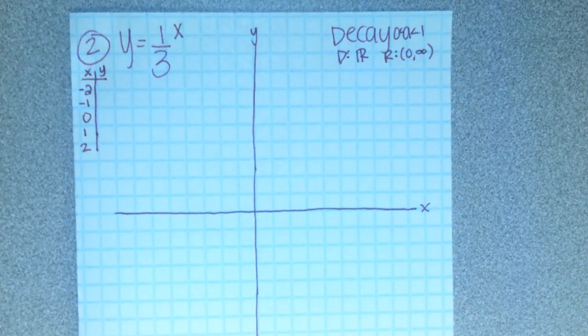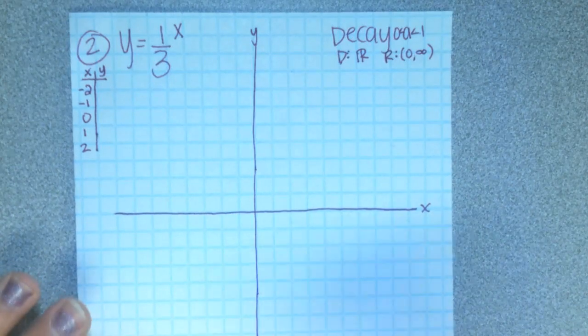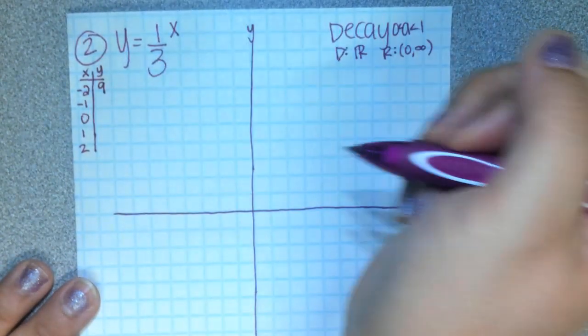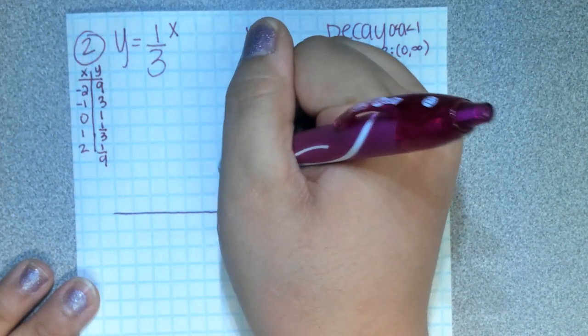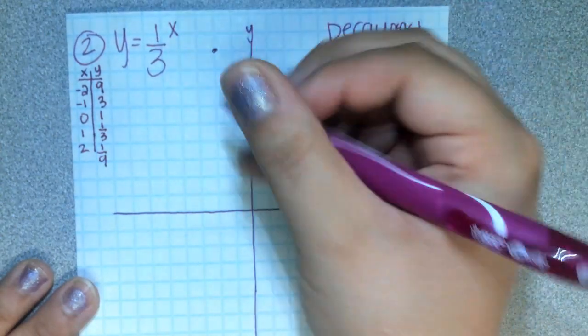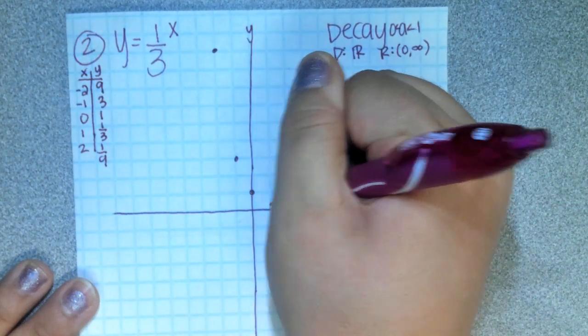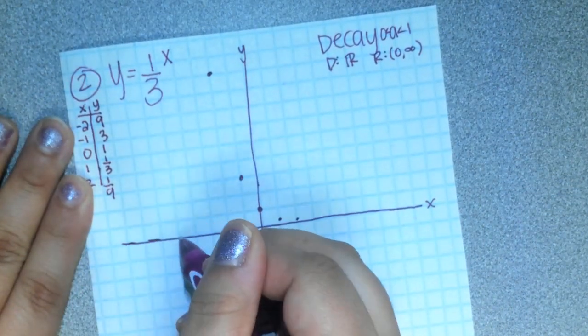Please graph this function. Don't forget to draw your asymptote.